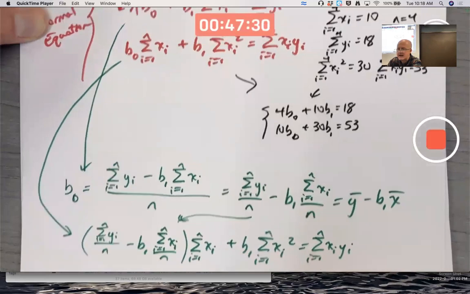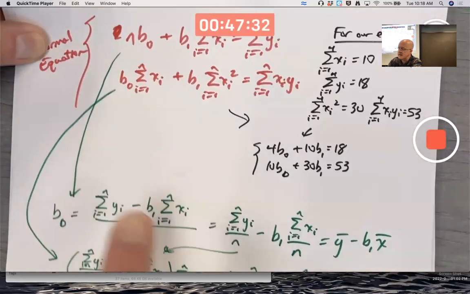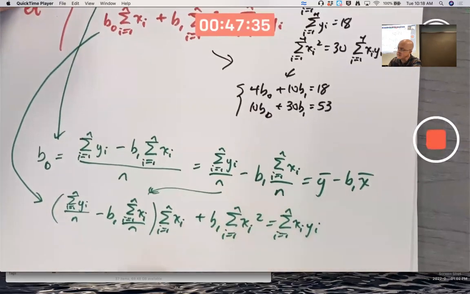So I took this second equation and replaced B0 with this thing. And there's what you get. Goal here would be to solve for B1.